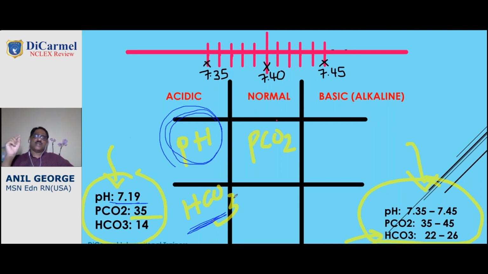Why do I say it is uncompensated? If there is an effort to compensate, you will see the pCO2 value moving to the opposite side. I'm going to give a better picture as we move further. So again, the given situation is uncompensated metabolic acidosis, and the pCO2 is normal. If it was getting compensated, as I told you, the pCO2 would move to the opposite side.